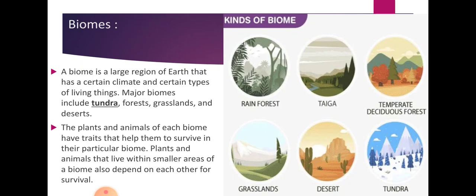So they have a specific climate and specific living things. You cannot mix it up with the ecosystem, because an ecosystem also has different climate, different animals, different components, but a biome is talking about a specific climate or specific living things.